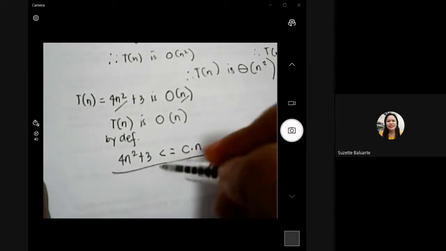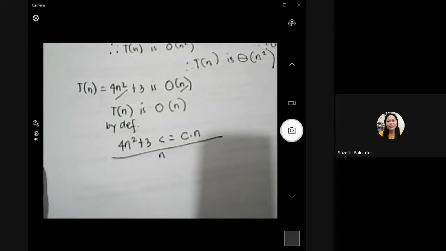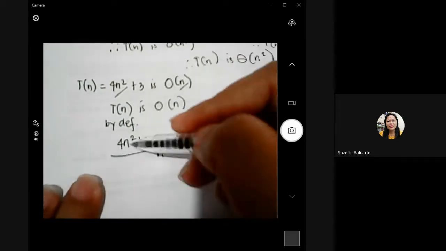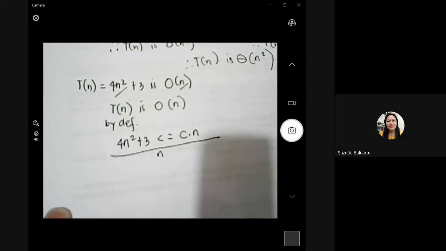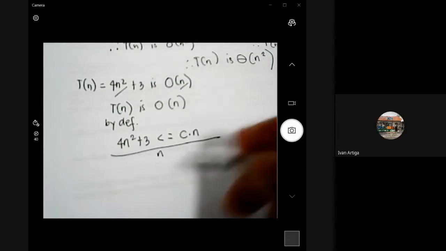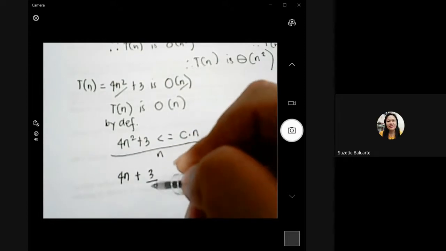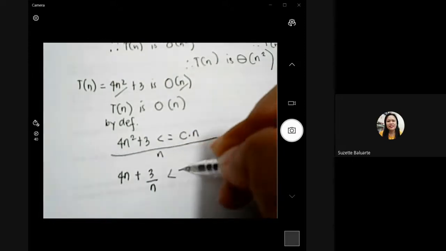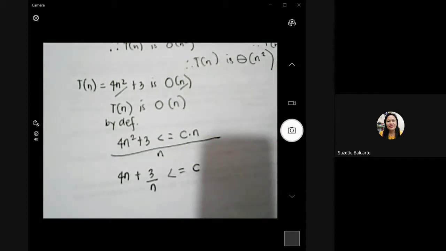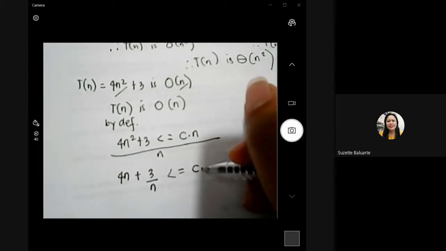Divide it by n sa ubos. Okay? Then, after that, unsa mahitabo? Divide by n, miss. Oh, so unsa mahitabo? 4n plus 3 over n less than or equals to C. Diba?